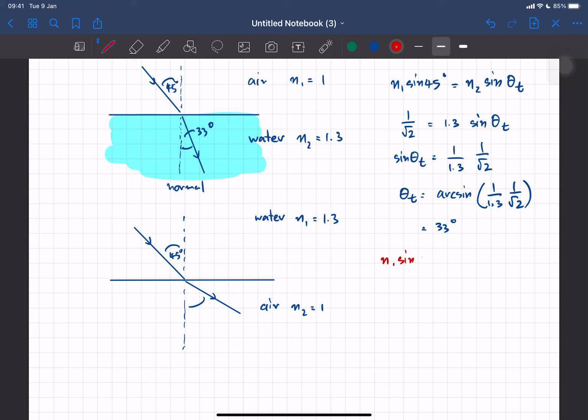So we have n1 sine 45 degrees equal to n2 sine theta t. So it's 1.3 times 1 over root 2 equal to n2, which is 1, times sine theta t. So theta t is arc sine of 1.3 divided by square root of 2, and this is going to give you 67 degrees.